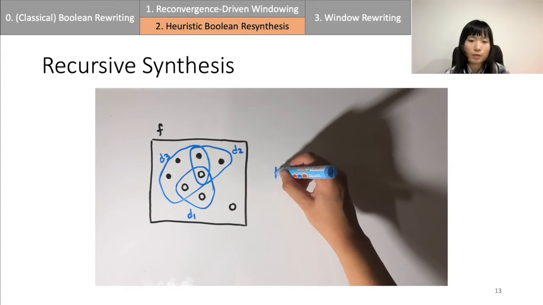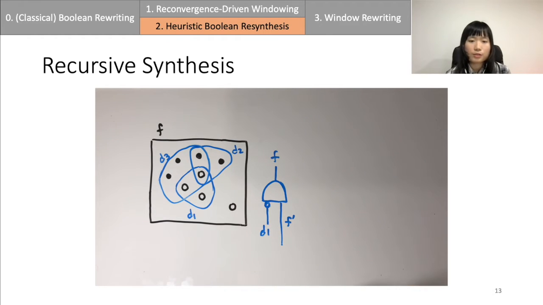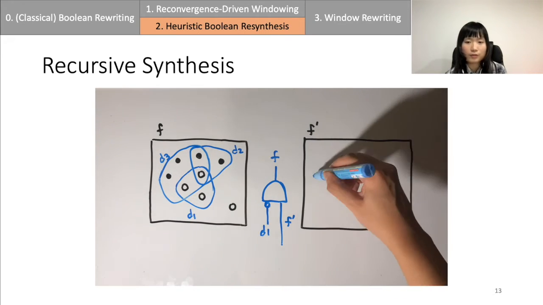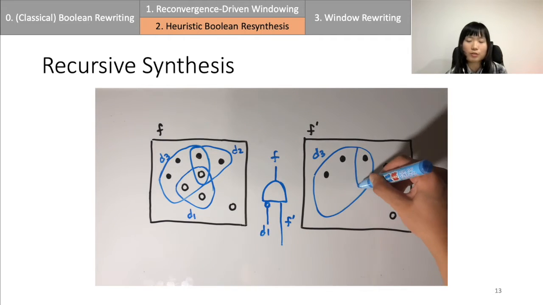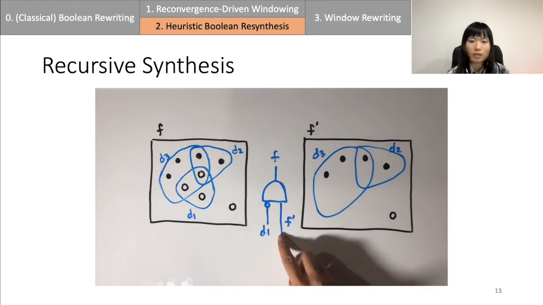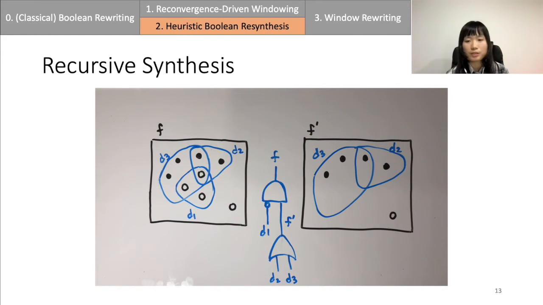We can use D1 to divide the target F. By ANDing with not D1, we get a remainder function F prime, where the three offset minterms covered by D1 are removed. Now, with fewer minterms to consider, the new target function is easier to implement. D2 and D3 now become unate, and simply ORing them together realizes F prime.